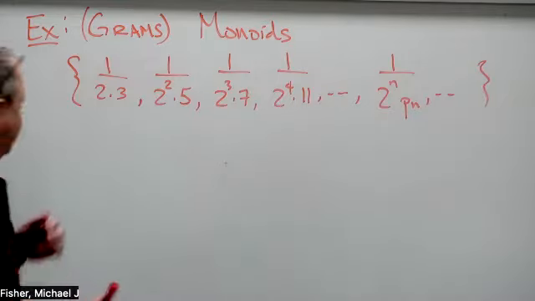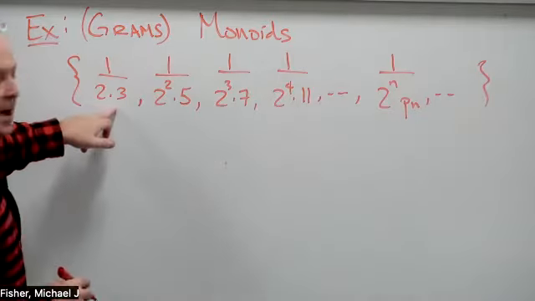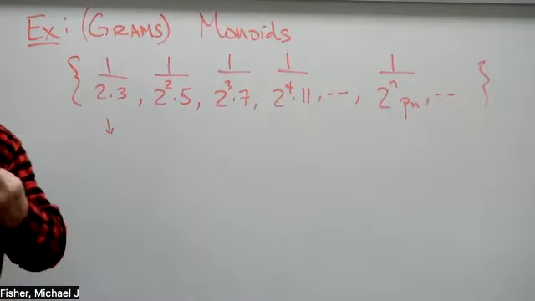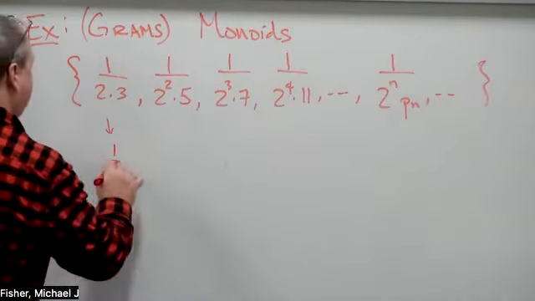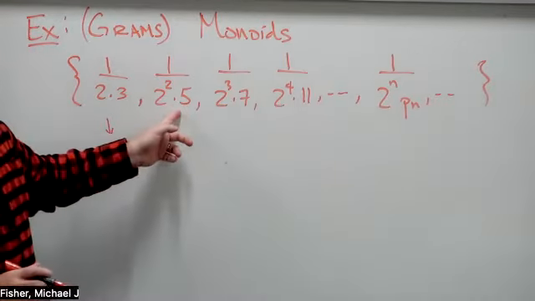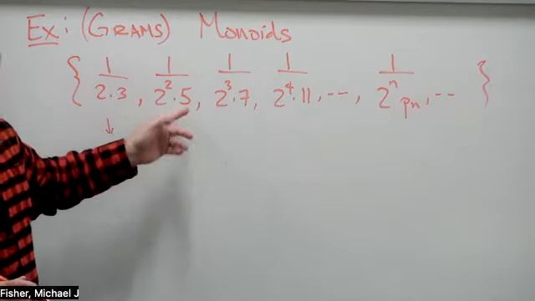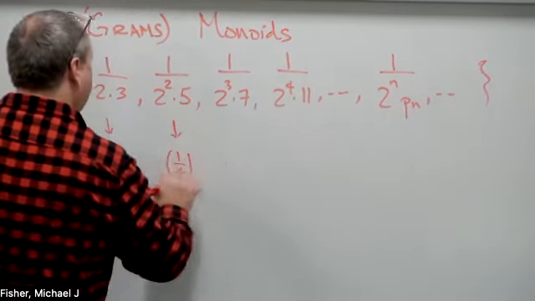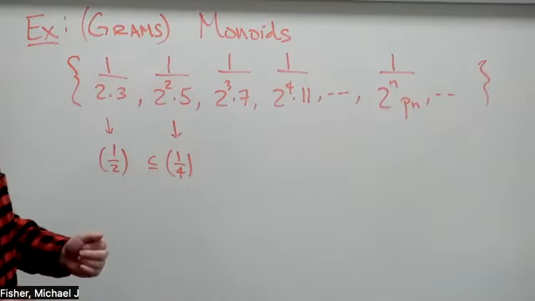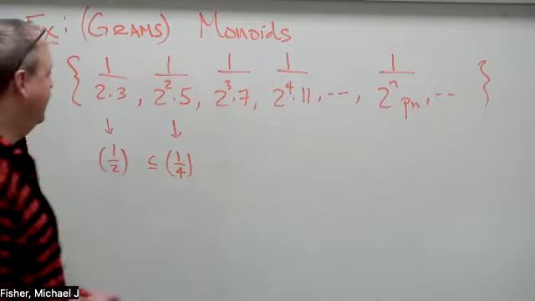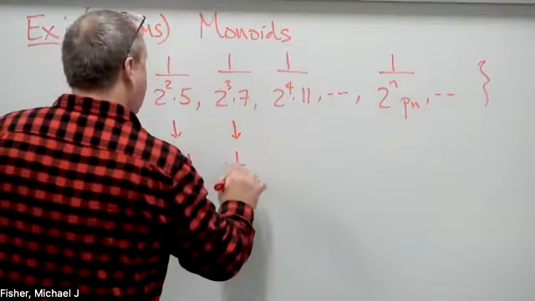It doesn't have the ascending chain condition because of the fact I've got this. If I add it to itself 3 times, I have 1/2. Because of the fact that I've got this, if I add it to itself 5 times, I've got 1/4, which contains this. Because I've got this, if I add it to itself 7 times, I have 1/8.